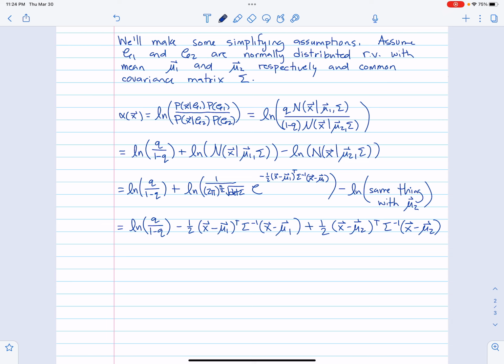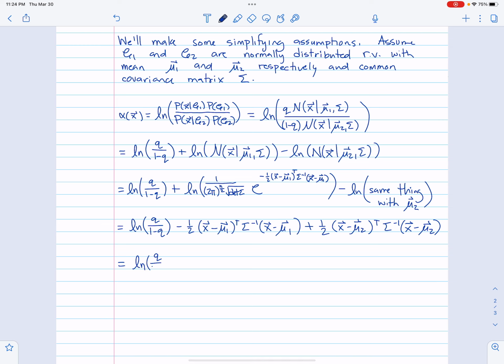Okay, and if I split this up, I don't want to write everything out, but what's going to happen is for each of these terms, I'm going to FOIL everything through. And when I regroup, I can regroup it as follows.